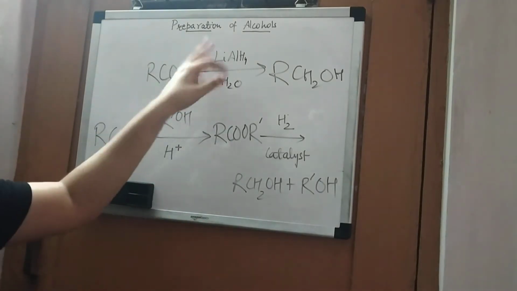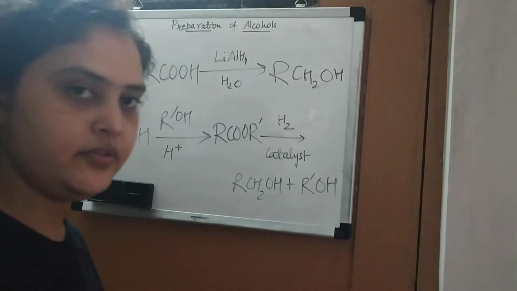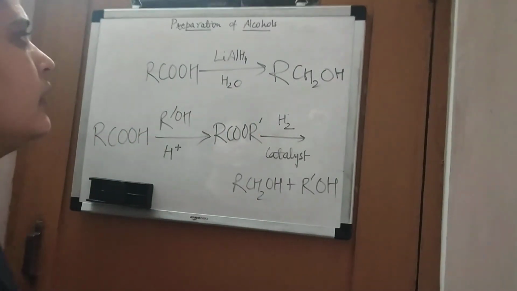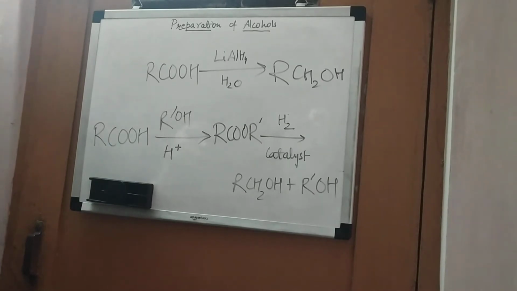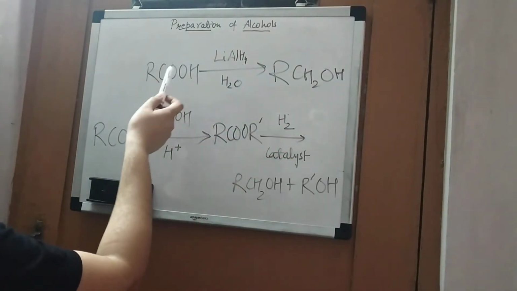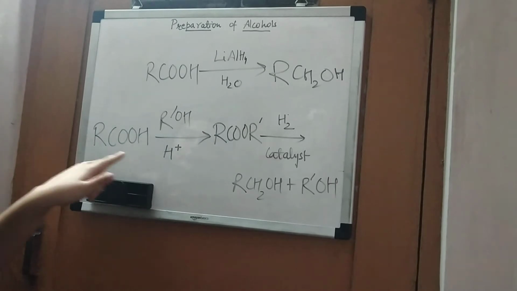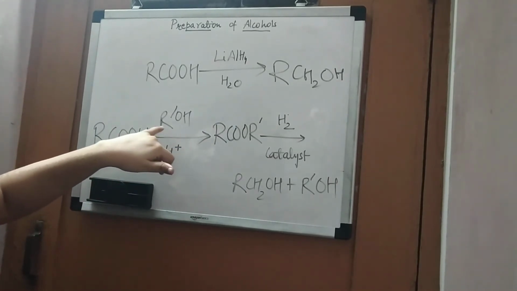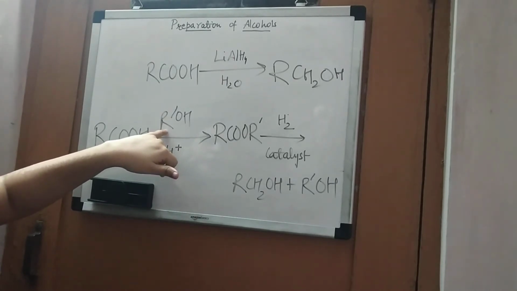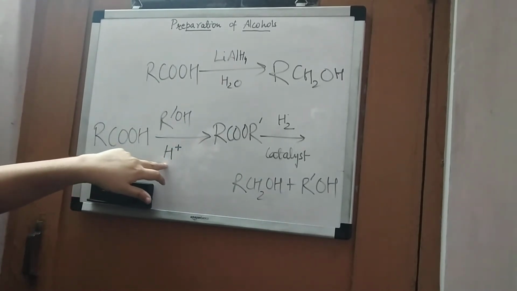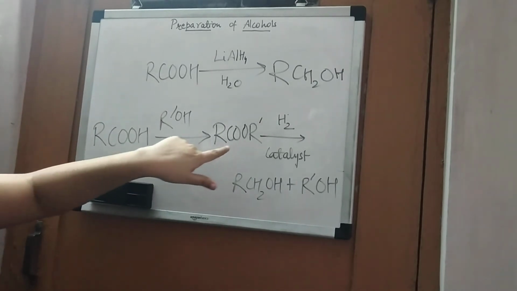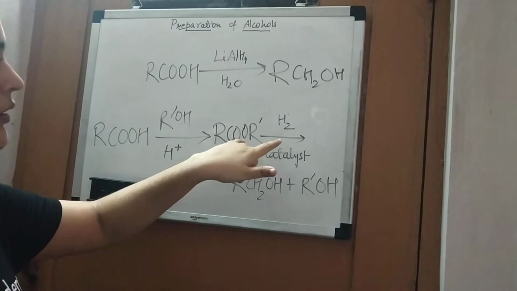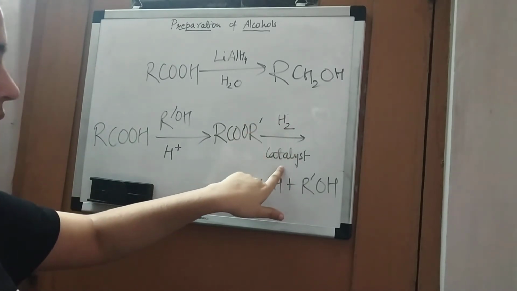Now because lithium aluminum hydride is a very expensive reagent, it is not used for this purpose. So we can do one more thing to get alcohol from acid: we can add another alcohol which has this alkyl group, R-OH, in the presence of acid and we get an ester from it. This is the first step, and then we add hydrogen in the presence of a catalyst.